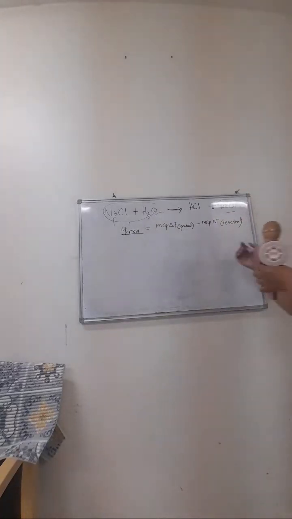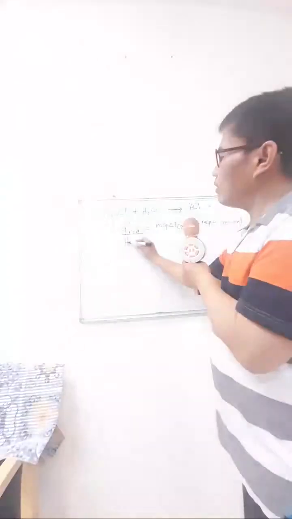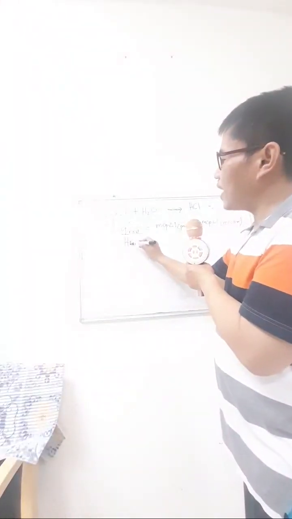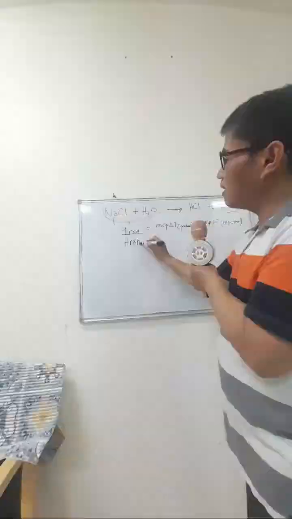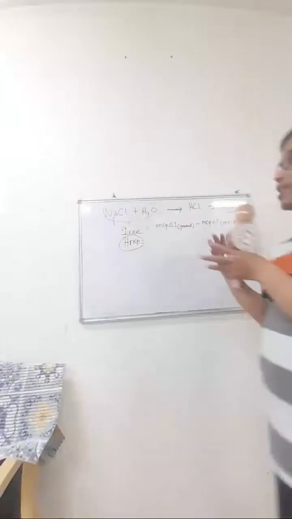Now, in your heat of reaction, the enthalpy change of reaction, HRXN, when you say capital H, they are all heat. But this HRXN means phase changes only. There are no temperature changes involved. This is the gray area that students must learn.